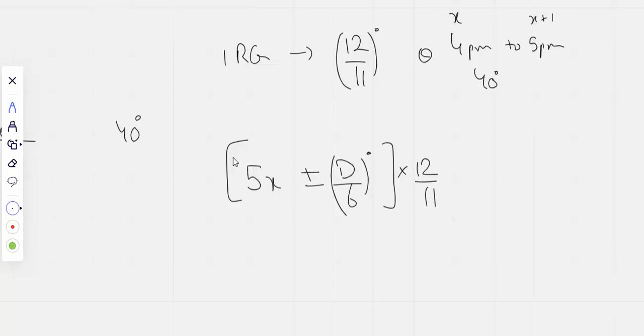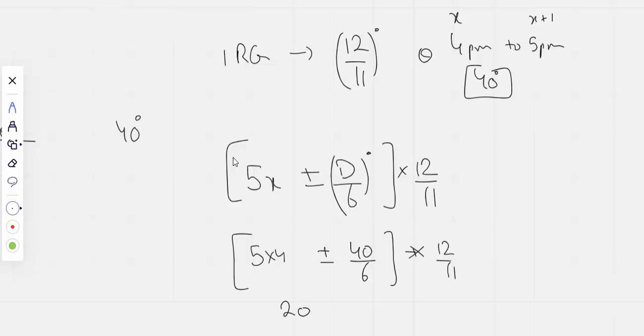Here x is the starting hour and the next is x plus 1. So in this formula you will be putting 5 into 4 plus minus, and in place of d you put the angle value, since between 4 p.m. and 5 p.m. we want the time when the minute hand and hour hand make 40 degrees with respect to each other. So we put 40 by 6, multiplied by 12 by 11.